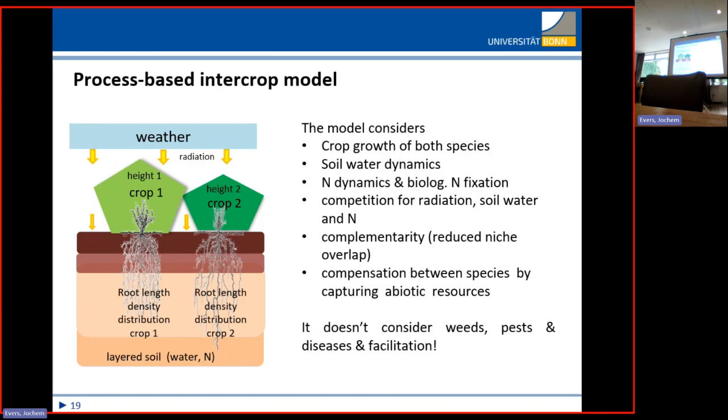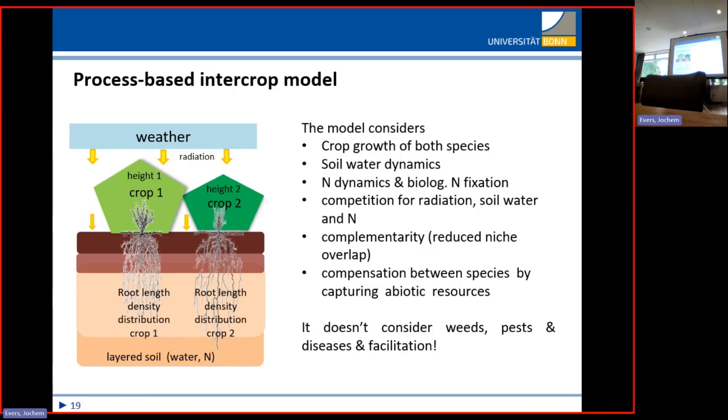The crops share one soil because we have a full mixture. We have two crops with a simplified architecture, and we, of course, share one atmosphere. The model considers the growth of two species, soil water dynamics and N dynamics. It also considers biological N fixation of the legume.